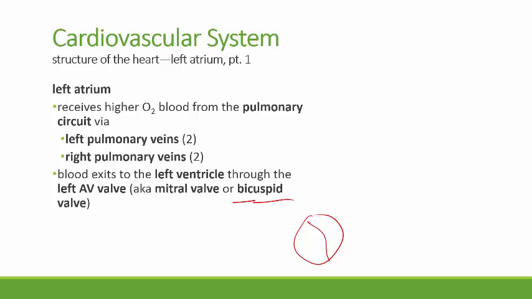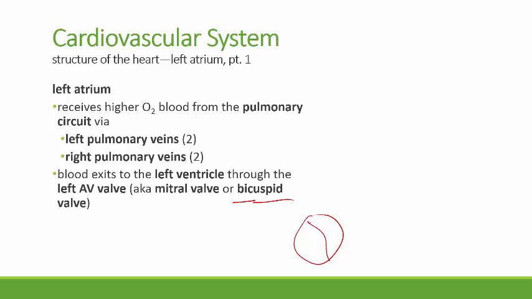So each of those valves, each of the flaps, sees a little bit more blood pressure than a tricuspid valve on that side would see. And then there's also this. The heart muscle there is thicker, it's stronger, it has to really squeeze hard to pump blood all the way to the tip of the head and all the way out to the tips of the toes.